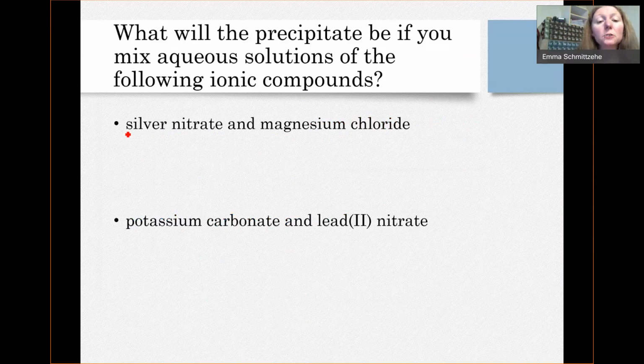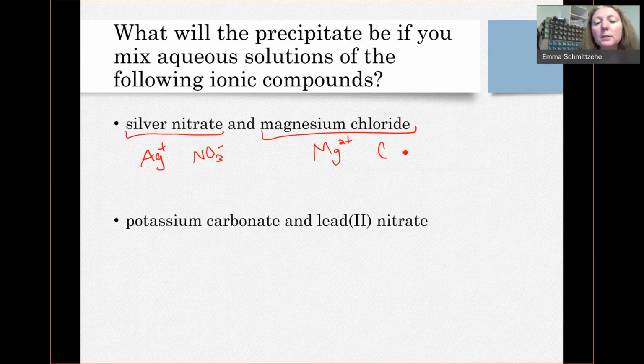So silver nitrate is made up of silver ion, Ag+, and nitrate ion, NO3-. And then magnesium chloride is Mg2+ and Cl-. Okay, and those are aqueous solutions of those things, meaning the Ag+ and NO3- aren't going to make a precipitate because it's already aqueous solution. And Mg2+ and Cl- will not make a precipitate.